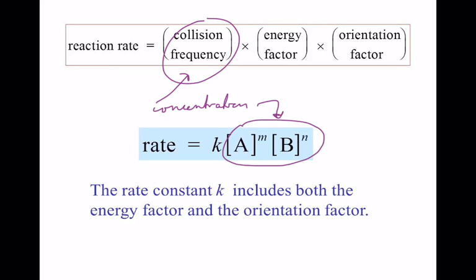As we've been talking about the rate law expression, the more concentrations of the reactants raised to the reaction order, that's collision frequency. Well, that leaves 2 factors we need to talk about, and those 2 factors are balled up into the K. Balled up into your rate law constant is something with regard to energy and also something with regard to orientation.